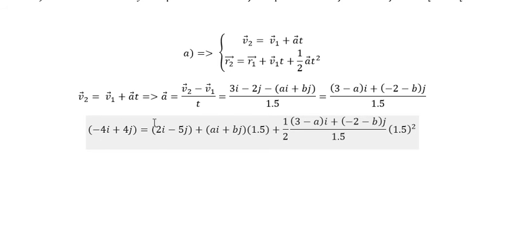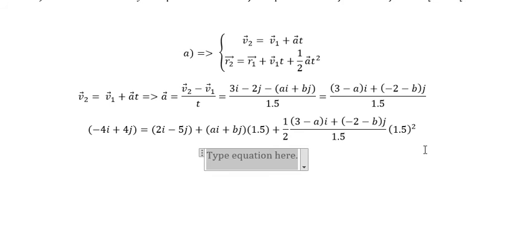We move 2i and negative 5j to the left side, so on the left side you will get negative 4 minus negative 2 i with positive 4, positive 5 j.